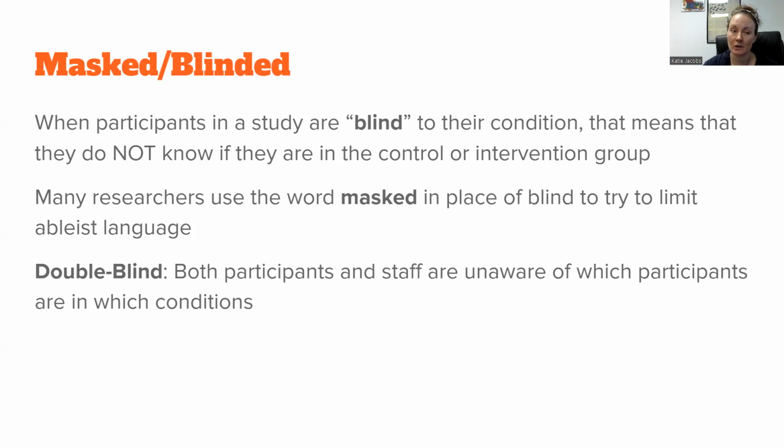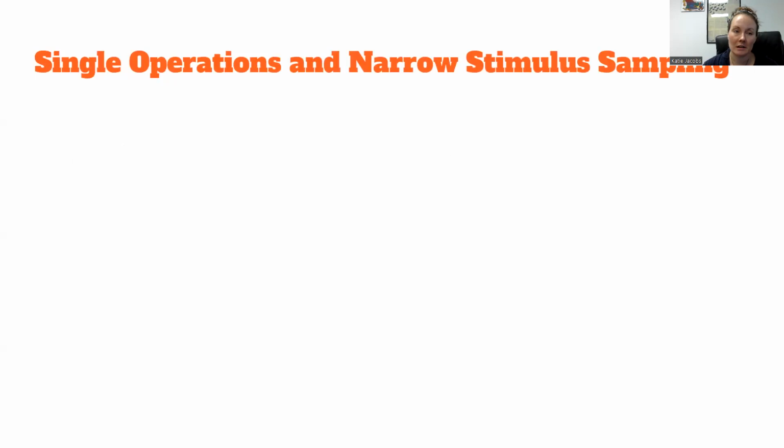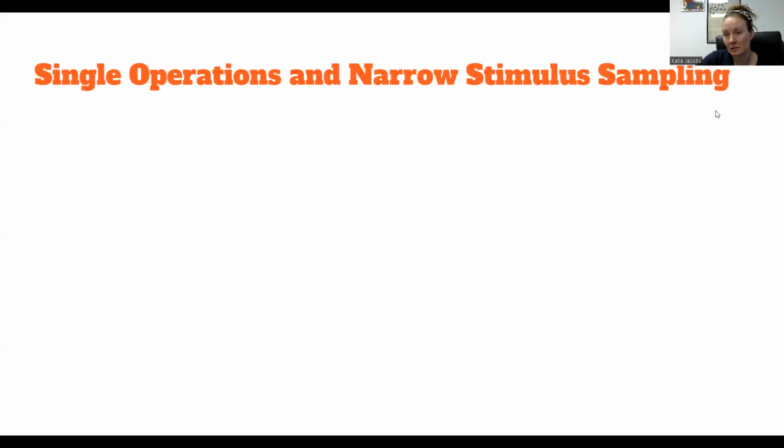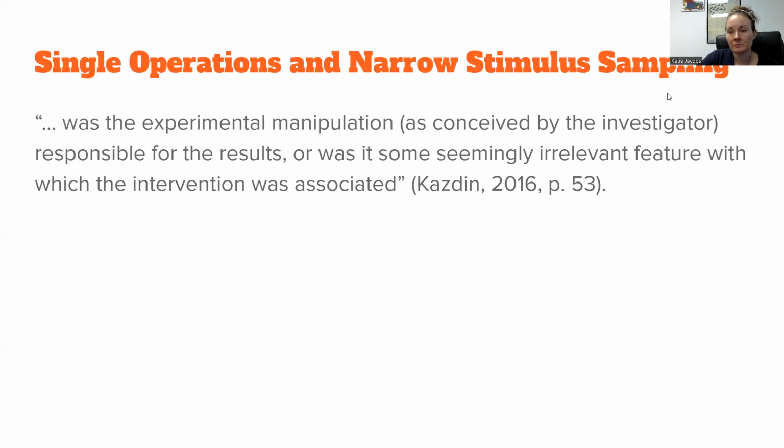And that's ideal. So if you're having some sort of treatment condition, you don't want the people giving the treatment to know which condition the participants are in either, because then that can cause problems with things like demand characteristics and other things. So single operations and narrow stimulus sampling.